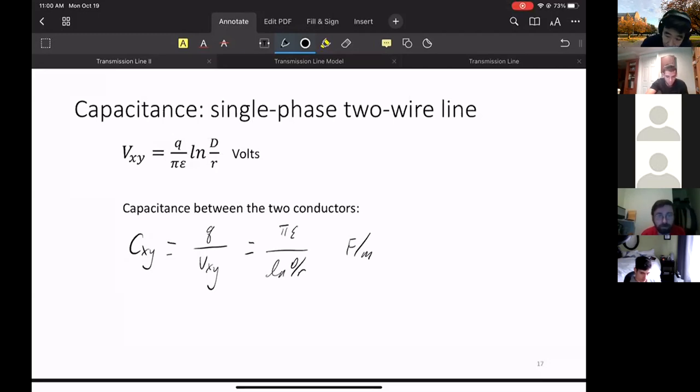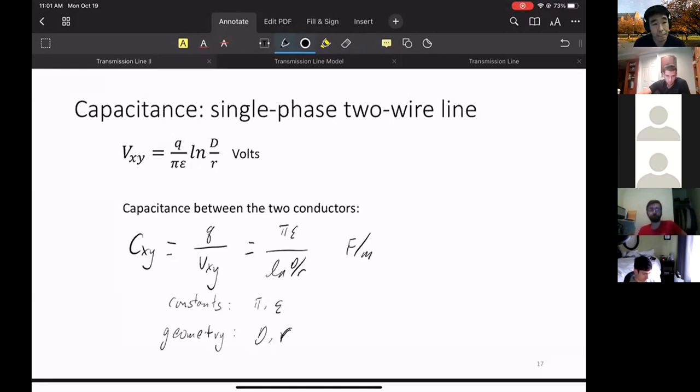So the constants are pi and epsilon, and the geometry is D and R. Based on how thick the conductor is and how far apart they are, you can calculate some capacitance value.